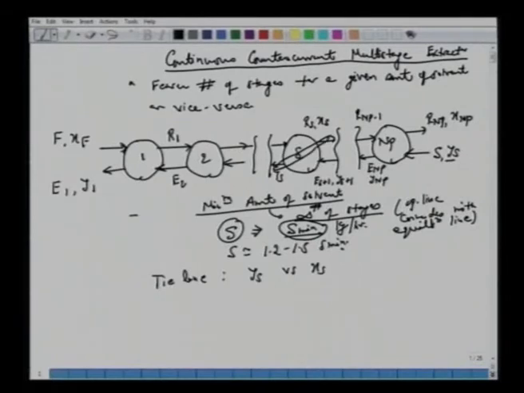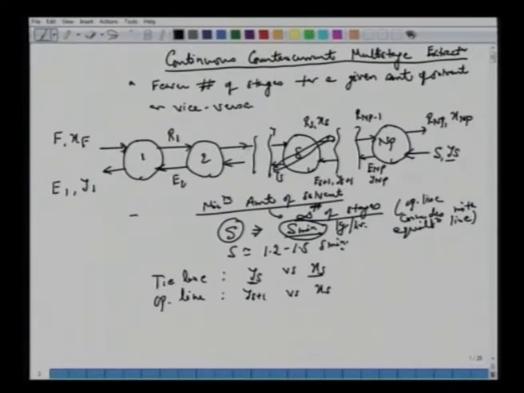So we're counting from this side 1, 2, 3. We have this stream here as YS plus 1, and this operating line connects between YS plus 1 and XS. So we have the similar conventions which we followed in the case of distillation stages also.